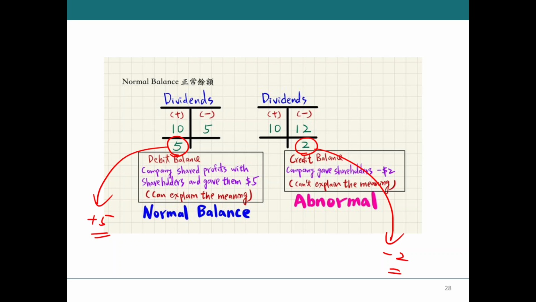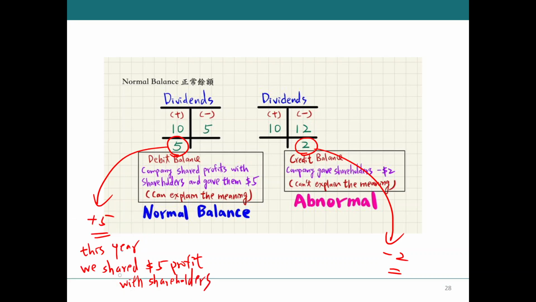Either this year our company didn't make any money, so I don't want to share profit with the shareholders, so my dividend is zero. Or we made some profit, so this year we shared $5 profit with shareholders.